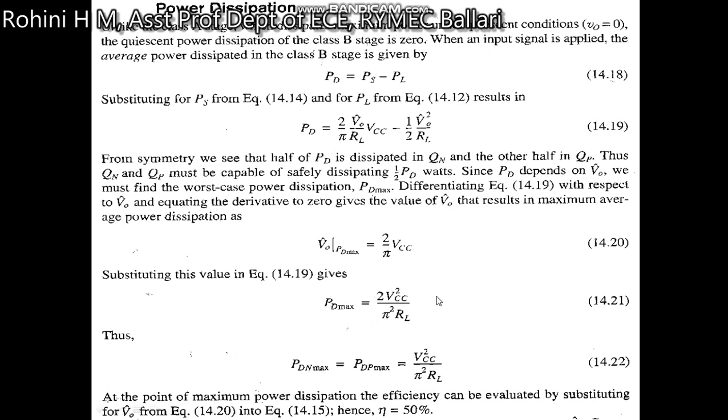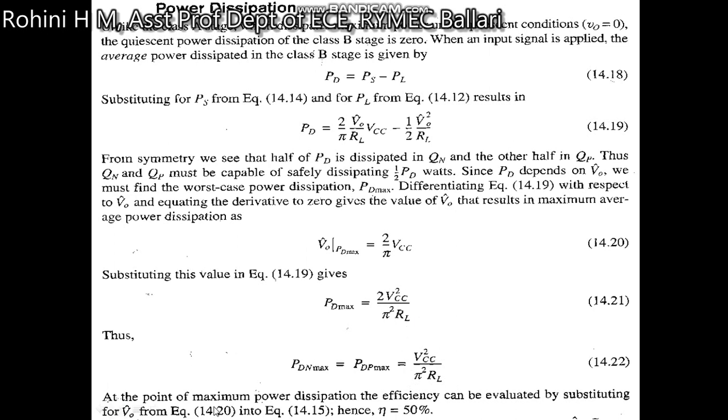This is the total power dissipation contributed by both transistors, Qn and Qp. So for each transistor, the power dissipation is VCC square divided by pi square RL, and if we add them we get this expression.